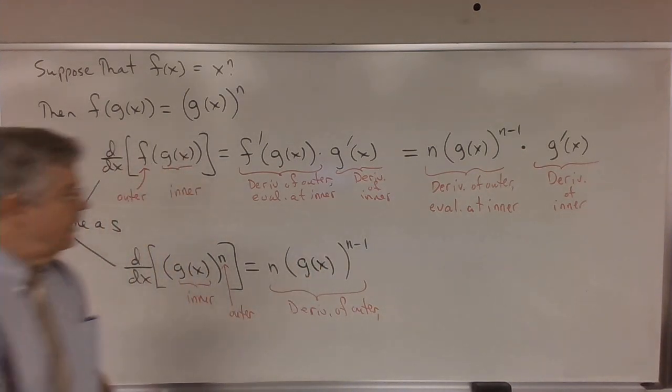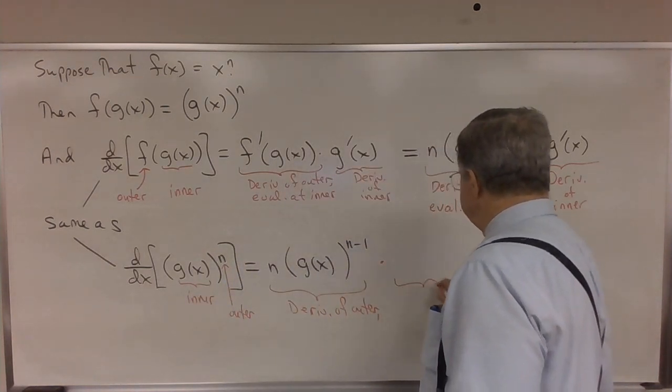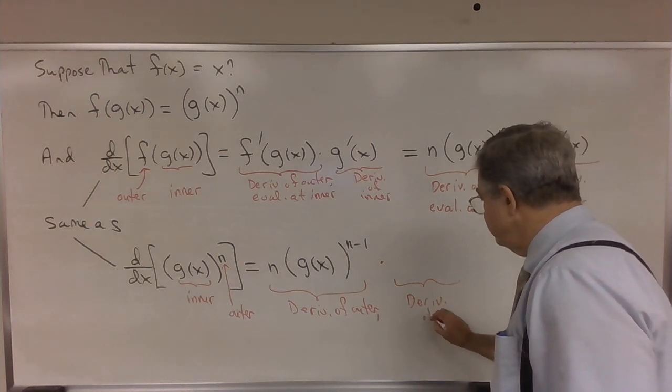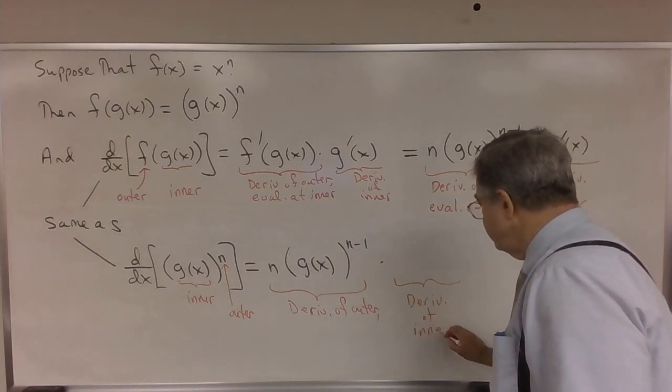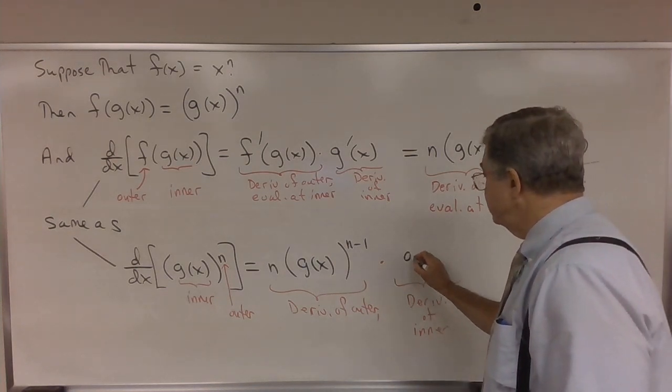And then the chain rule says we multiply by the derivative of the inner, which is g prime of x.